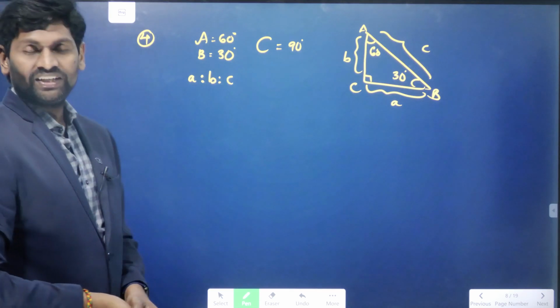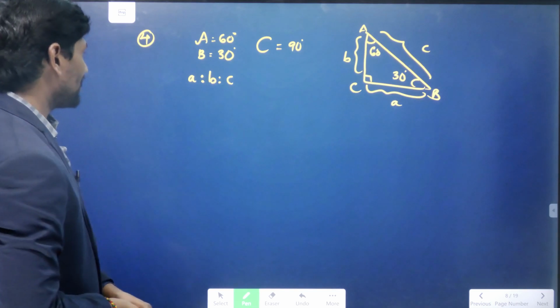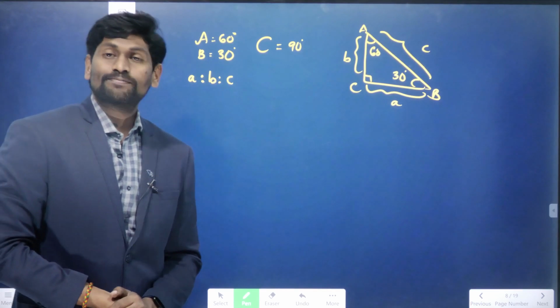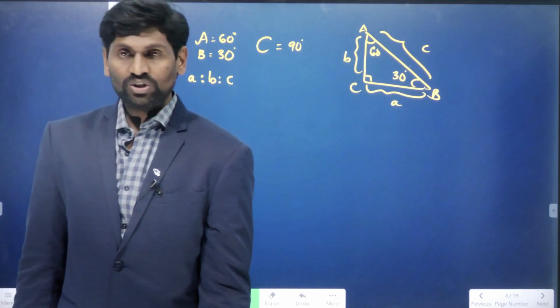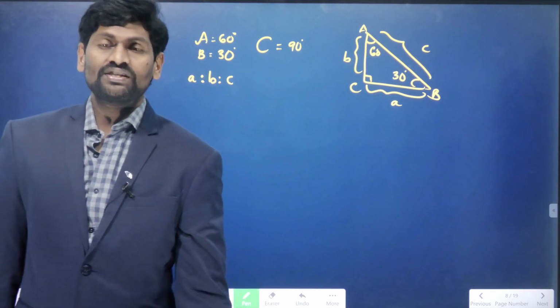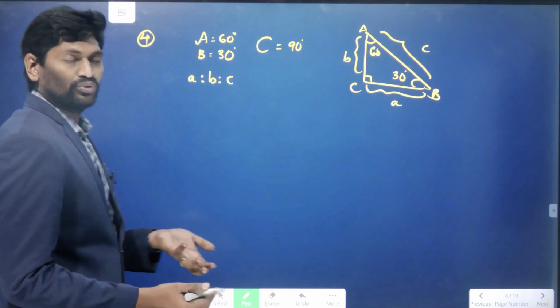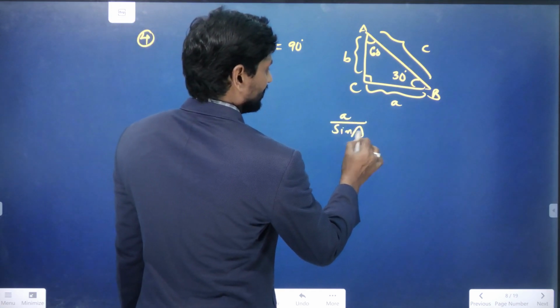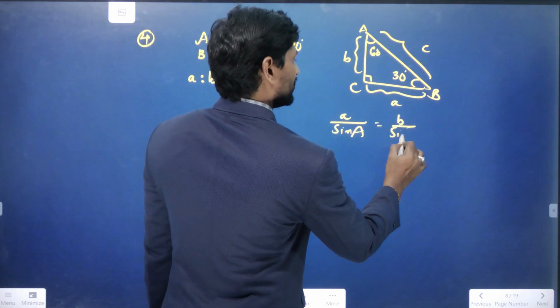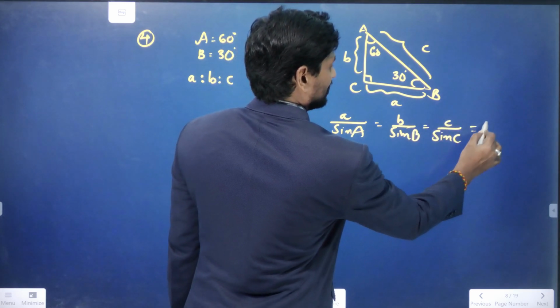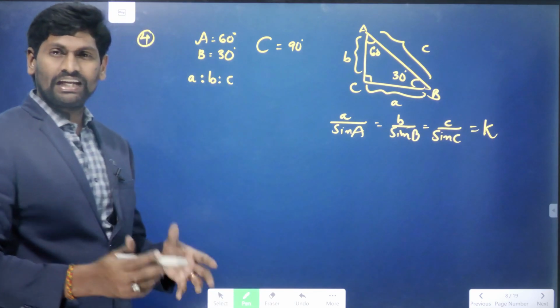Small a by sine A is equal to small b by sine B equals small c by sine C, which equals 2r according to the sine rule. In place of 2r I can take k. That means a by sine A equals b by sine B equals c by sine C, which equals k.